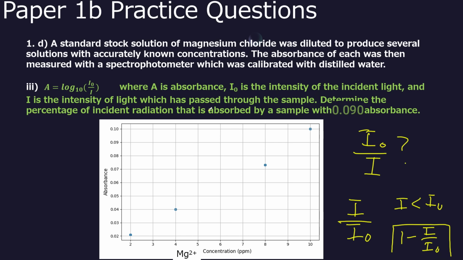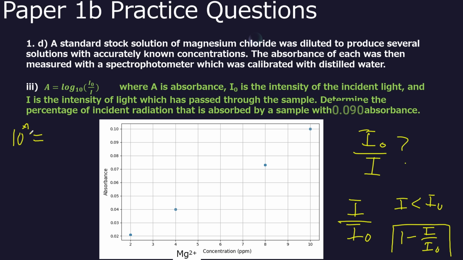So we want to find that 1 minus I over I naught value. That means we are going to have to find I naught over I. So can we arrange this equation in any different way? We can maybe raise both sides to the power of 10. So 10 to the power of the absorbance equals 10 to the power of log 10, which will cause that to disappear.